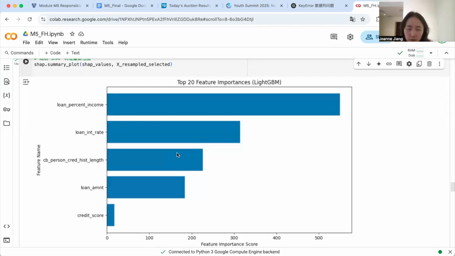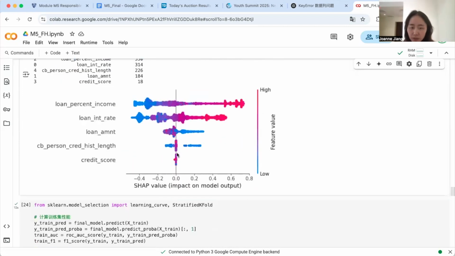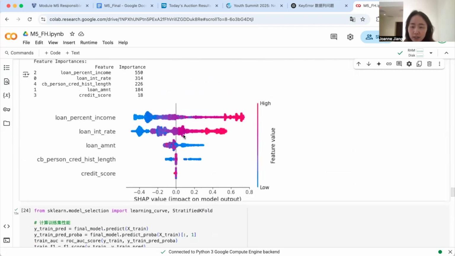However, feature importance alone does not fully explain how individual features influence decisions, prompting further analysis using SHAP. The SHAP values provided a granular understanding of the feature impact on individual predictions. We found that lower loan percent income values increased approval chances, while higher values made rejection more likely.